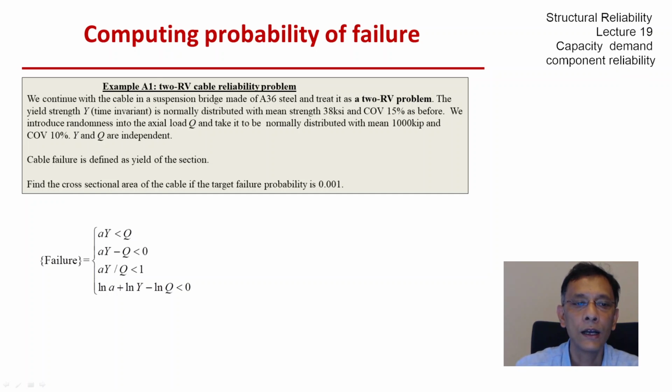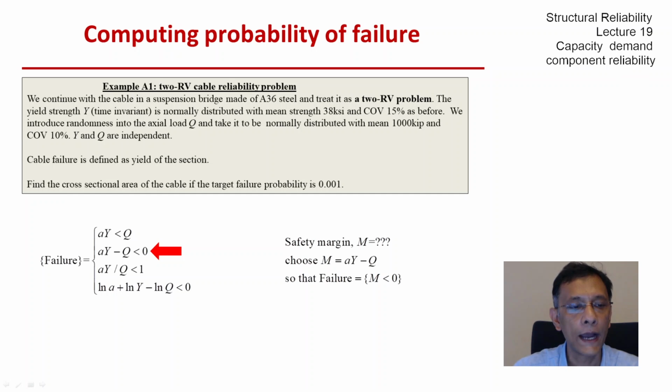For now, we see that because Y and Q are normally distributed, it makes most sense to take a failure representation which is a linear combination of normals. So AY minus Q would be the most logical choice for the limit state function, and that's what we do.